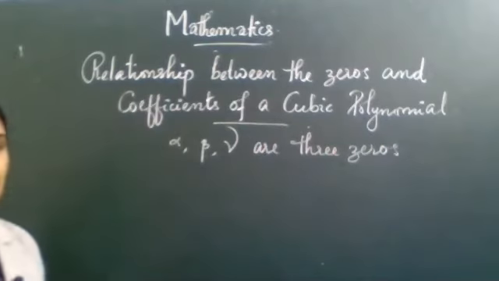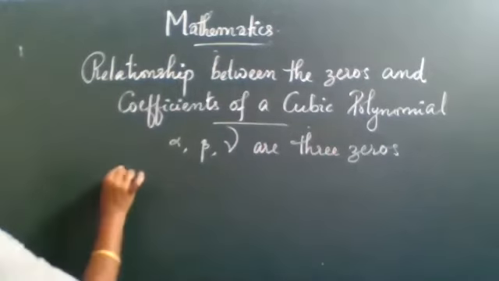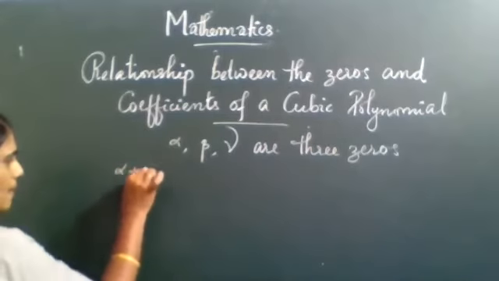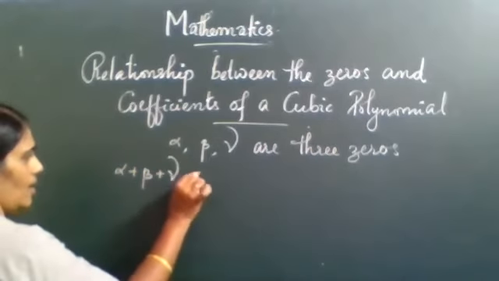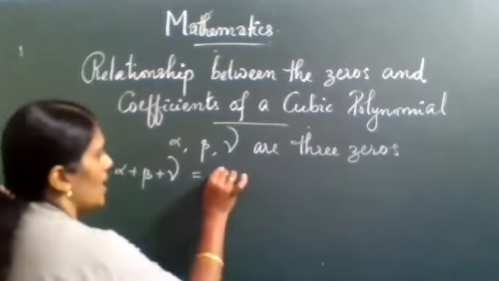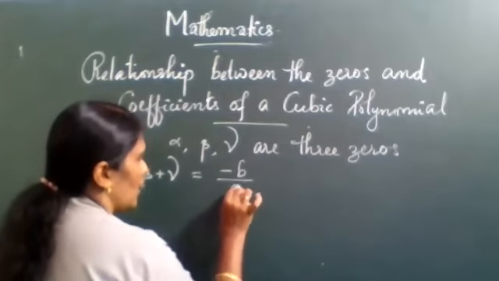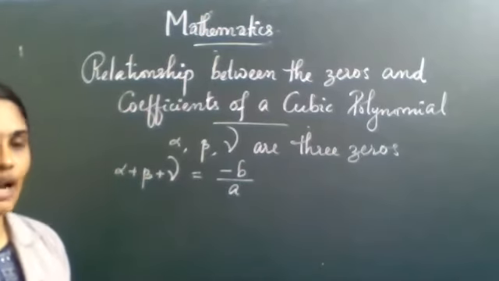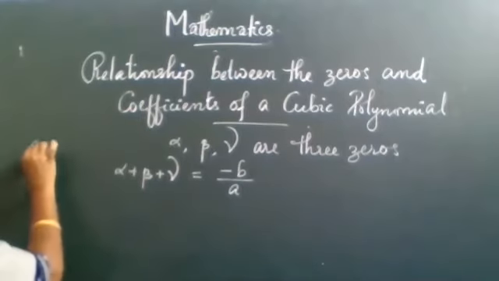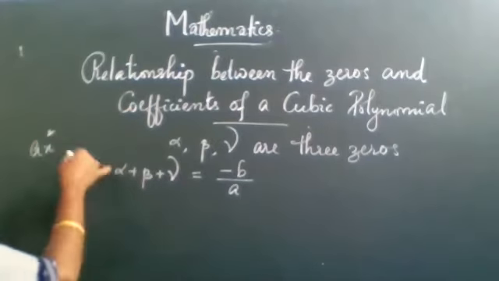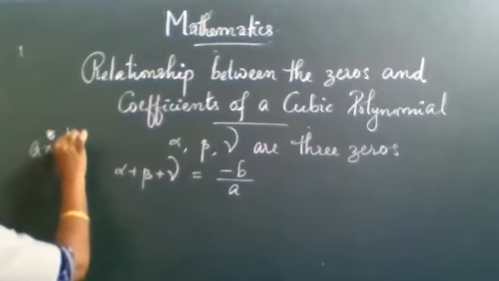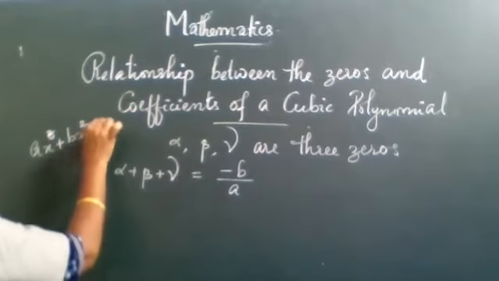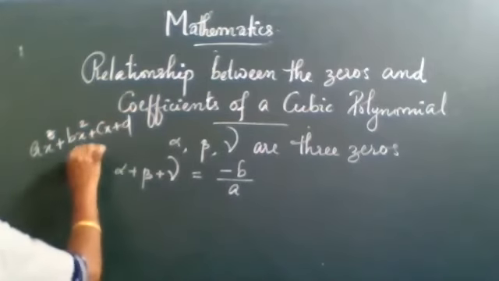First of all, we take the sum. First is alpha plus beta plus gamma is equal to minus b by a. You know what is the general form of a cubic polynomial? Yes, the general form is ax cube plus bx square plus cx plus d is equal to 0.